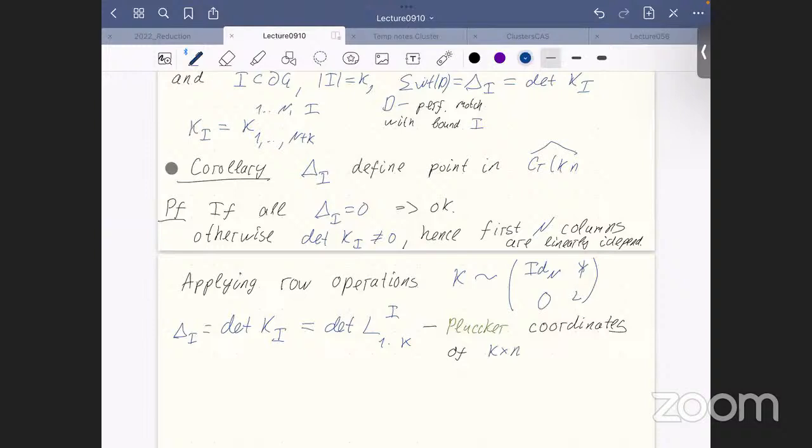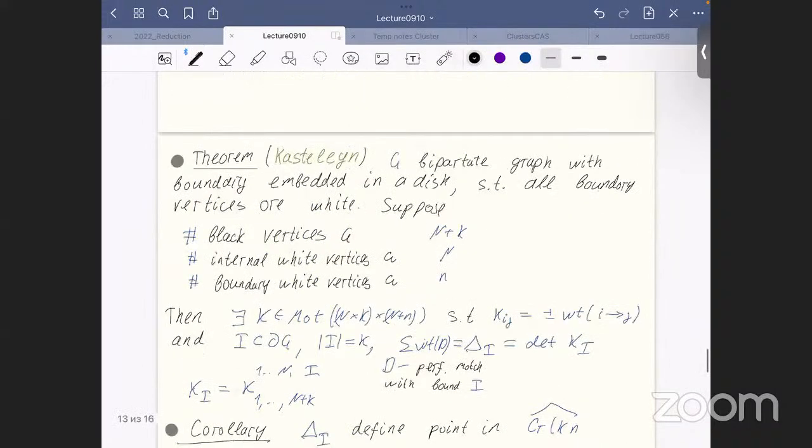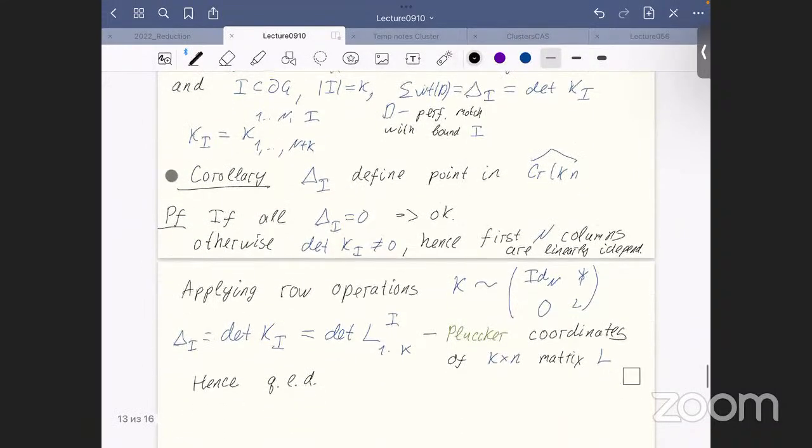And matrix L. Yes. Okay. Sorry, what is L here? L is this part of the matrix K after the operation which moves first n columns of K to identity.